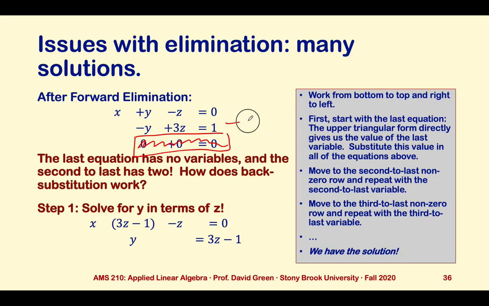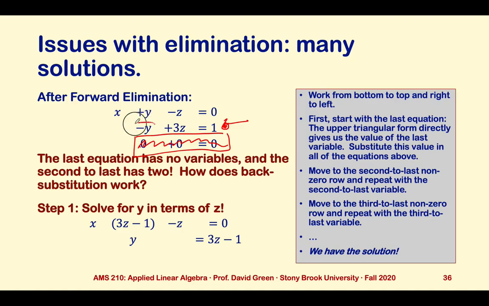But if we look at this second to last equation, which is now last after deleting this 0 equals 0 equation, we have two variables. We have a y and a z. We can't simply solve for one variable as a number, but we can solve for one variable in terms of the other. We are going to highlight which one is the pivot.